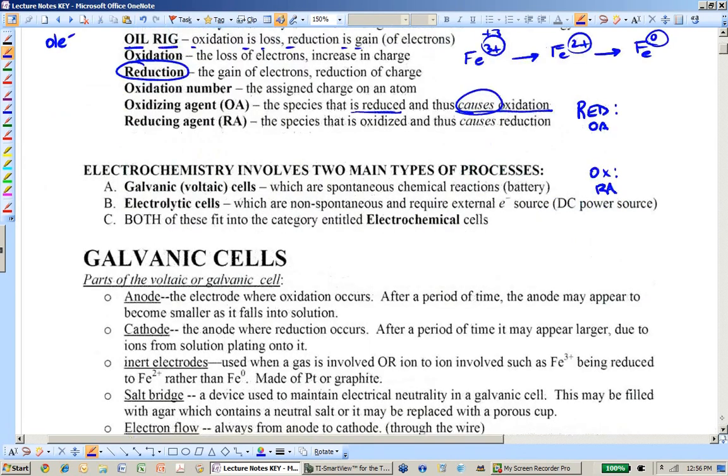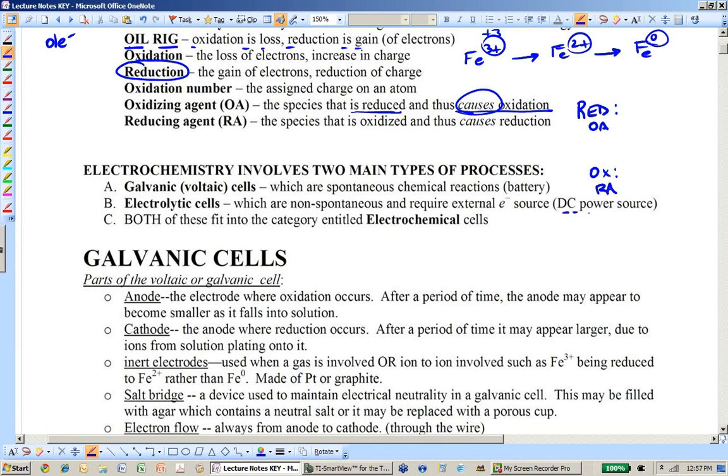So electrochemistry involves two main types of processes. The process of galvanic or voltaic cells, which are spontaneous chemical reactions, or batteries, as you like to call them, versus the opposite part, in terms of thermodynamics, which is an electrolytic cell, when these are non-spontaneous and they require an external energy source, such as a direct current.